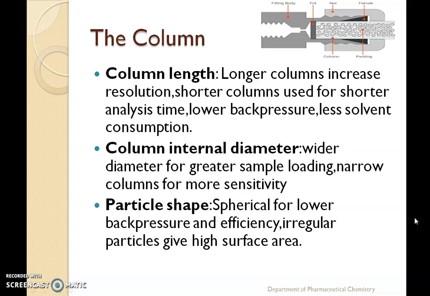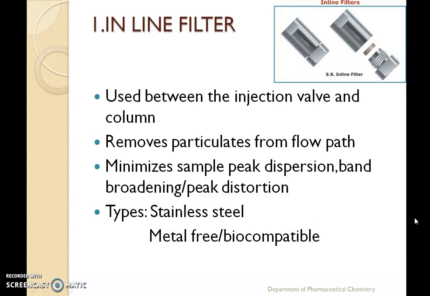So this avoids back pressure, and there will be less solvent usage also. A larger column internal diameter gives greater sample loading, while narrow columns give more sensitivity. Particle size also matters: spherical for lower pressure and efficiency. These are the other parameters used in separation techniques to maintain the resolution in HPLC.